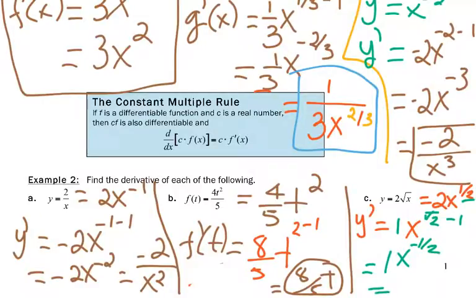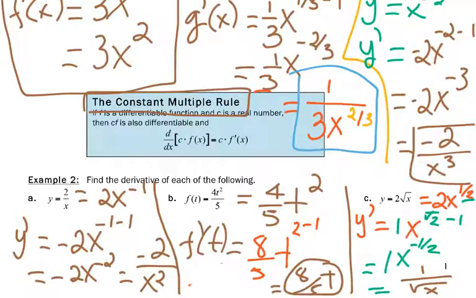If I rewrite this, that would be 1 over square root of x, because the power of 1/2 is the same as square root of x. So this is what we call the constant multiple rule. That means if I have a coefficient, I just go ahead and multiply that with the exponent. And the exponent, each time that you take a derivative, you subtract 1.